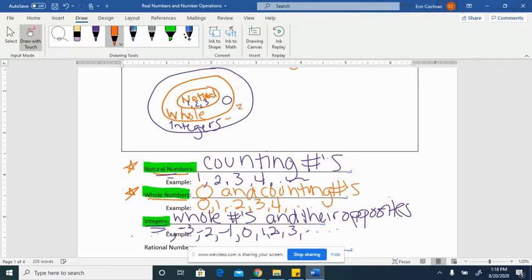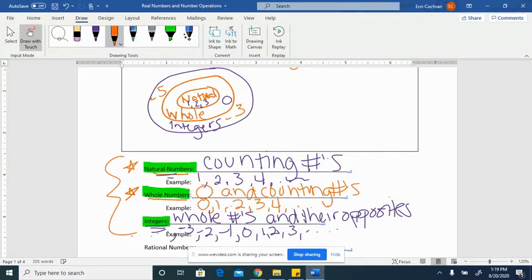So we'd also throw in like -3, -5. Those are integers, but not necessarily whole or natural. Now, if you notice, natural, whole, and integers are all numbers without decimals, fractions, anything like that.